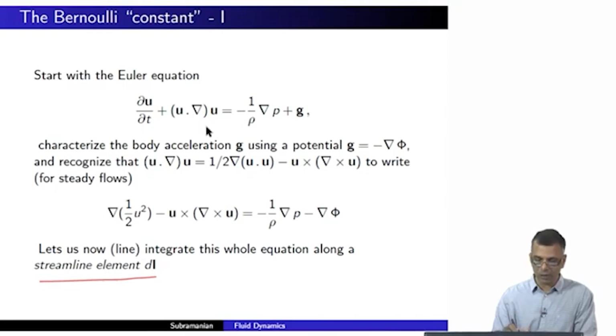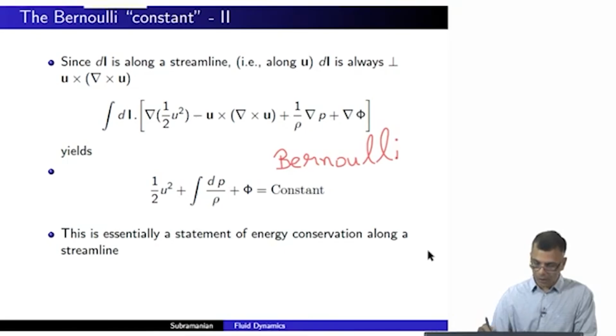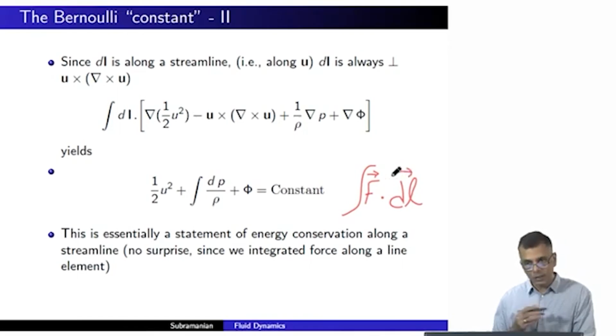So we essentially integrated f dot dl, and this is exactly how you get work. You integrate force along distance, you get work, and that's it. So it's no surprise that we get a quantity with the units of energy, energy per unit mass to be precise.